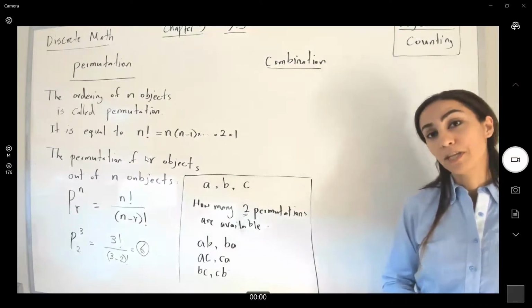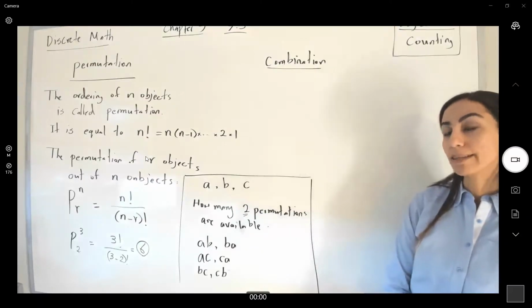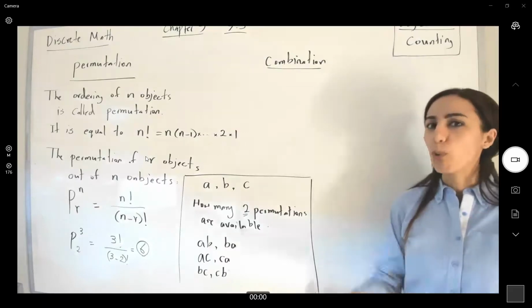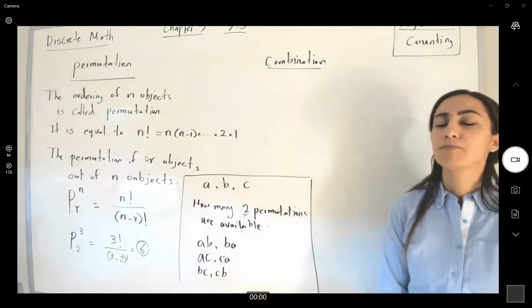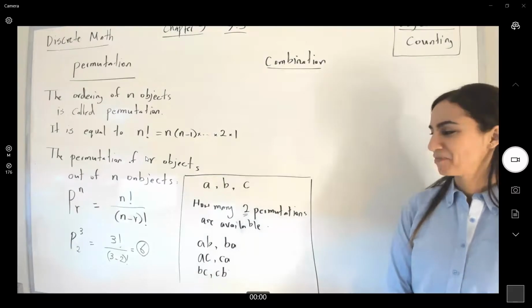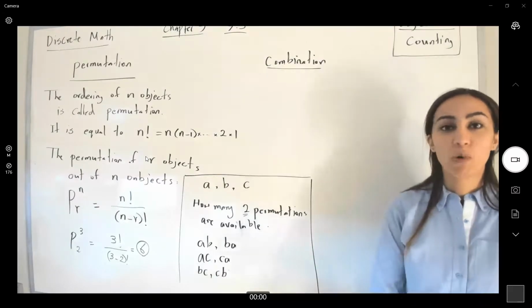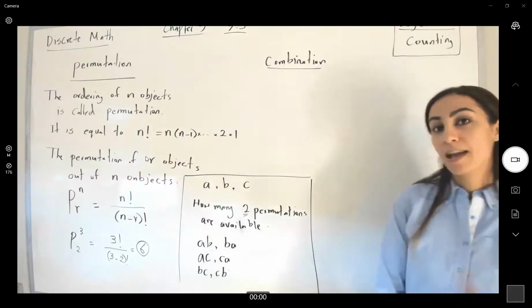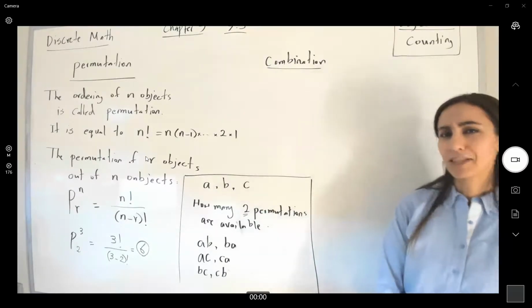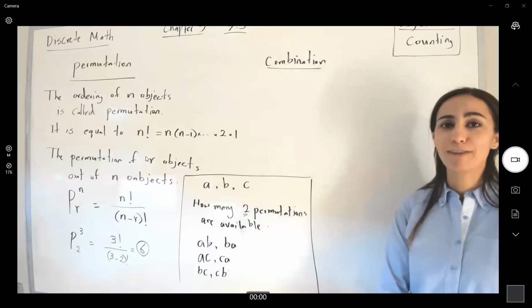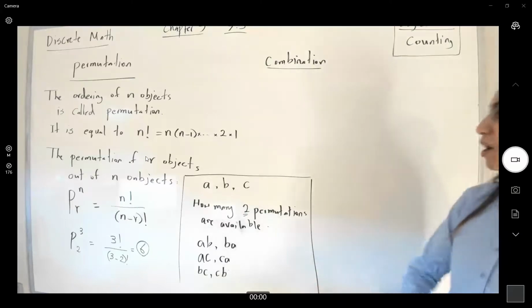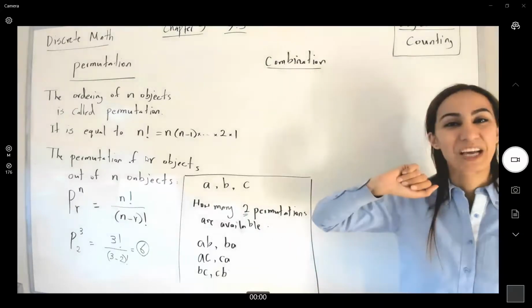You also might be interested in, okay, what if arrangement or ordering is not of big concern? It doesn't matter if A comes first, B comes second, or if B comes first, A comes second. Do we have a name for that? Do we have a formula for that? Yes. We call it combination.